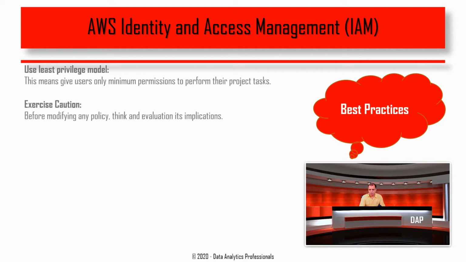This rule is for every administrator. And exercise caution before modifying any policy. Think and evaluate its implications. These are best practices. There are many more, but if you stick strictly to these two, you will become a successful administrator.